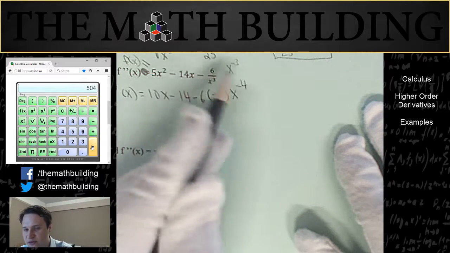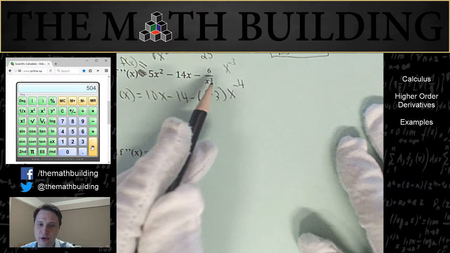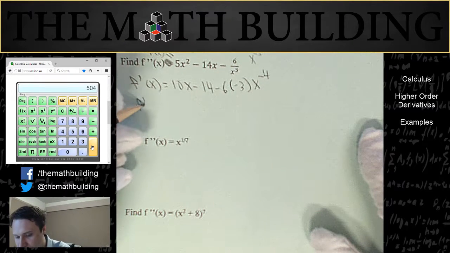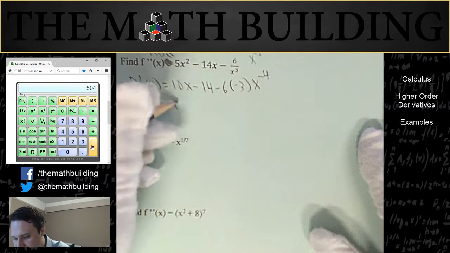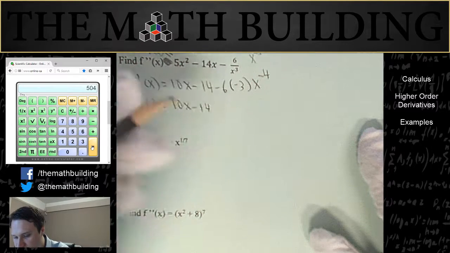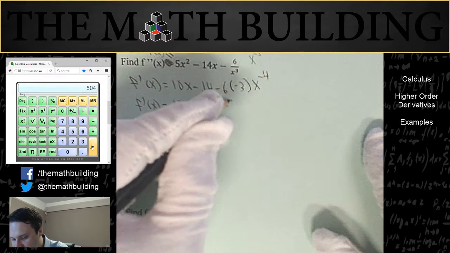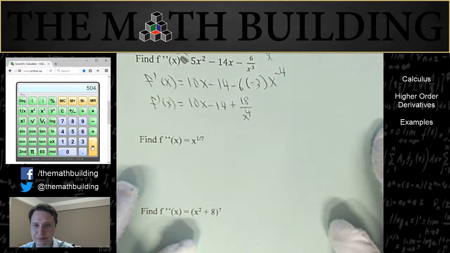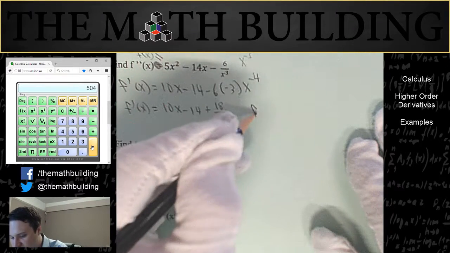If that was confusing for you, you might want to review some of the earlier derivative videos or leave a comment for me in the comments. So let's clean that up: 10x minus 14 plus 18 over x to the 4. That's the derivative. So let's find the second derivative.